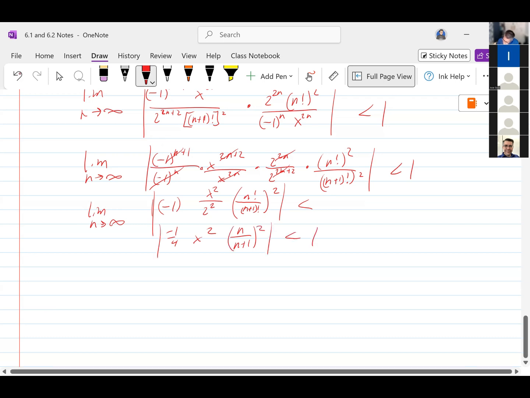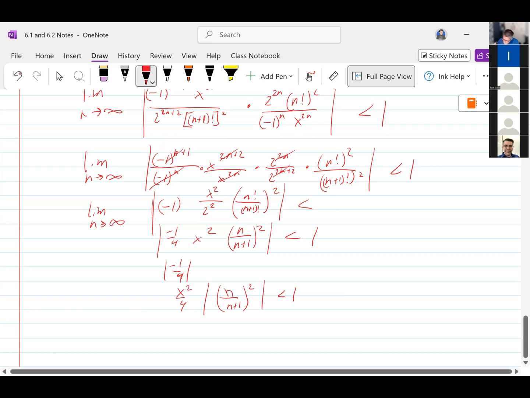If I take this individually, the x squared is always positive. The absolute value of -1/4 is just 1/4, so I basically get x squared over 4. And then the absolute value of n factorial over (n+1) factorial squared is less than 1.